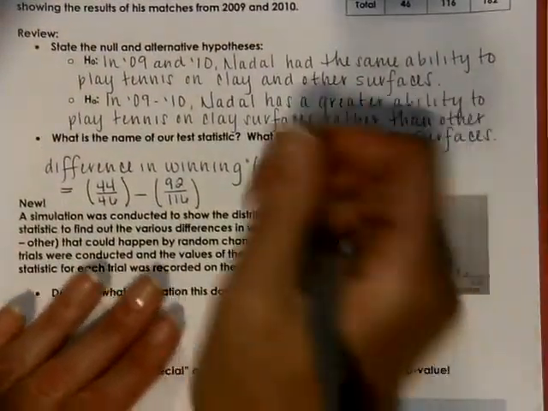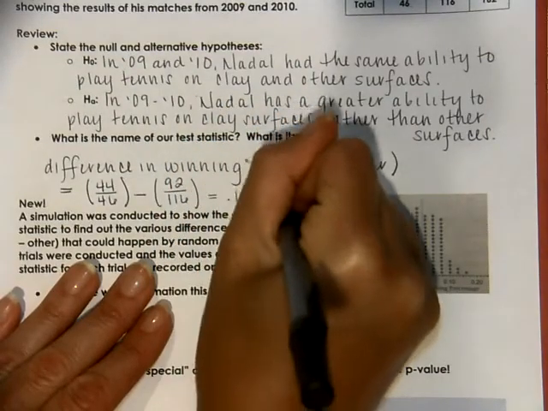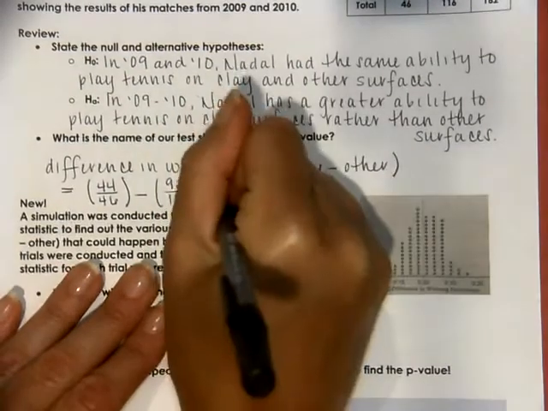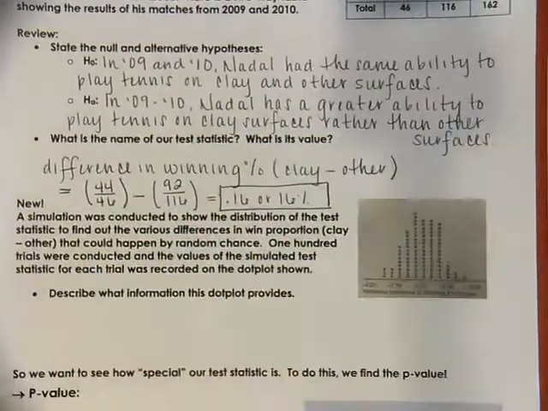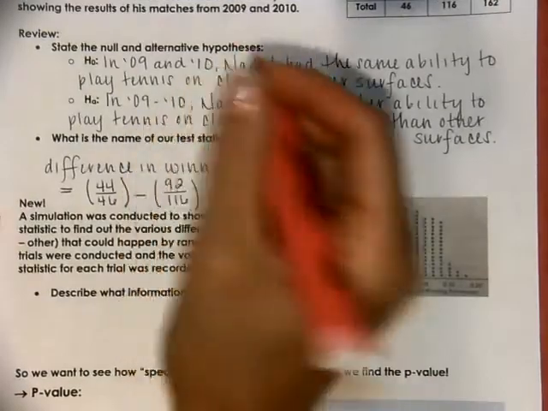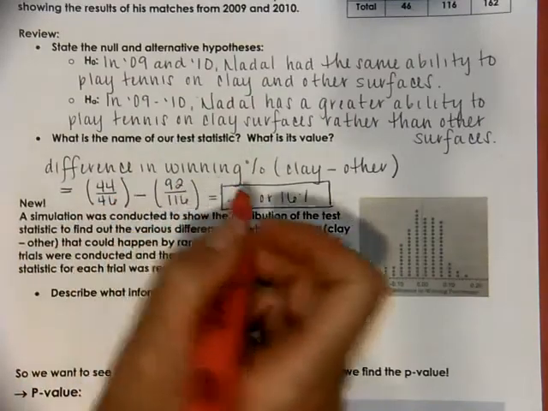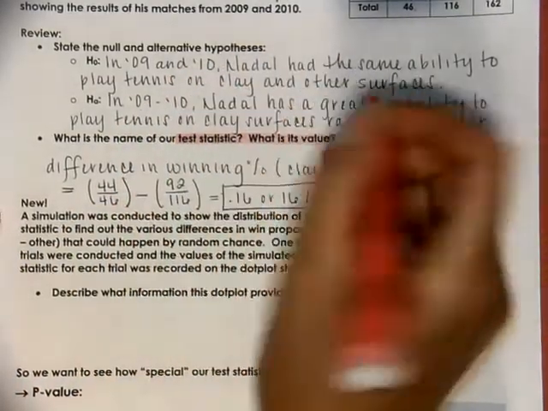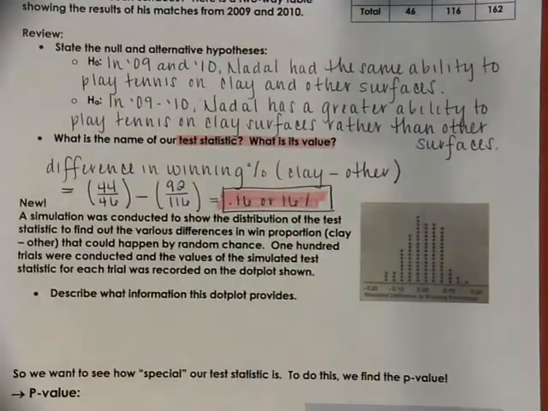So just make sure you have parentheses around each fraction, and be able to use proportions or percentages. So our test statistic here, the name of our test statistic is the difference in winning percentage, and its value is 0.16 or 16%.